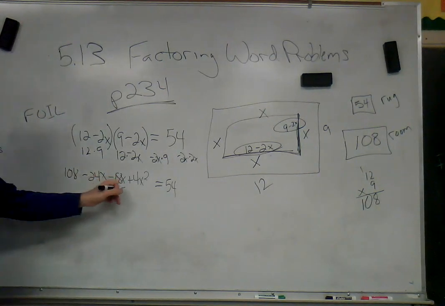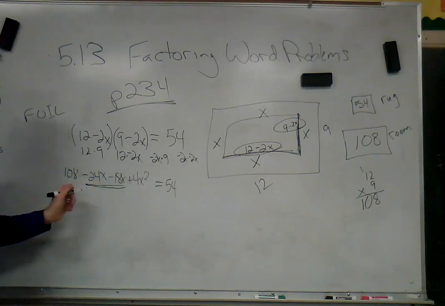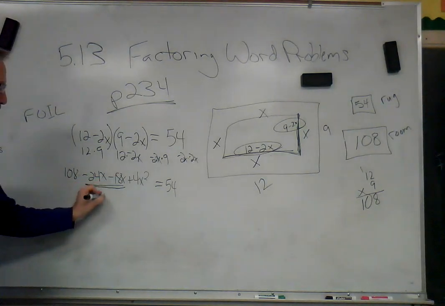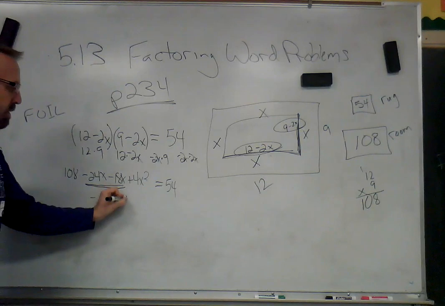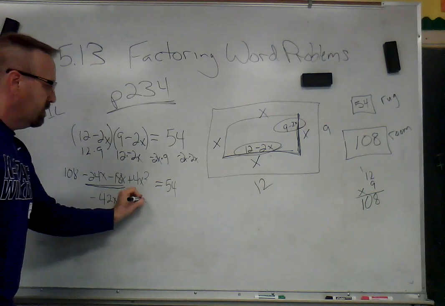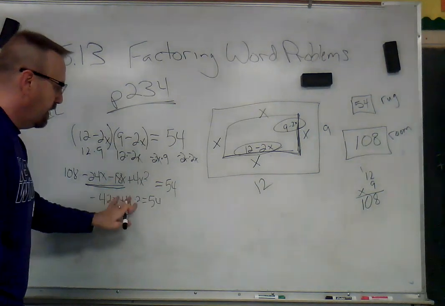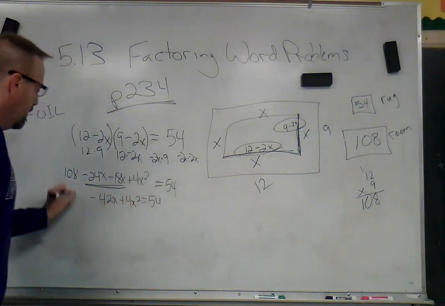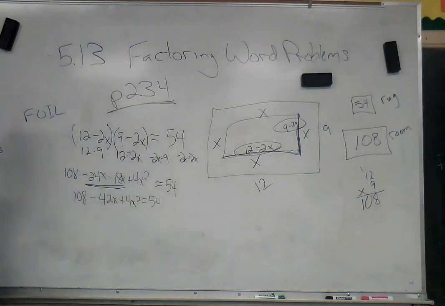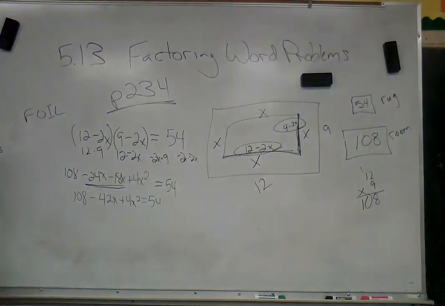These two both have x. What could we do with them? Combine them. Put them together, combine them. So we have 108 minus 42x plus 4x squared equals 54.